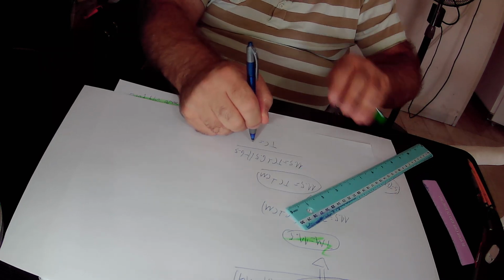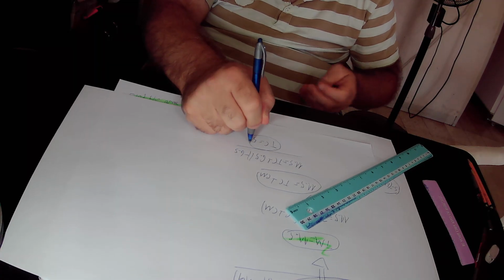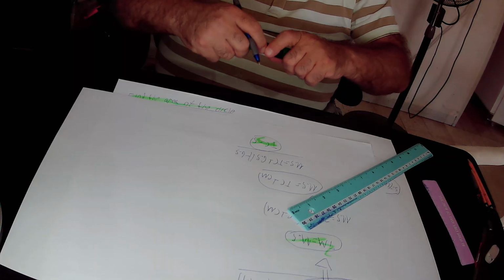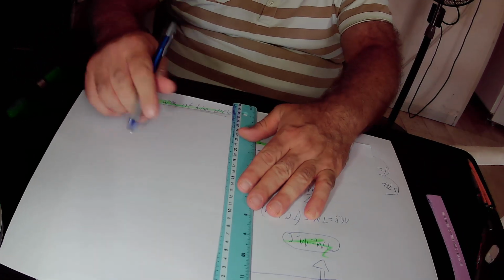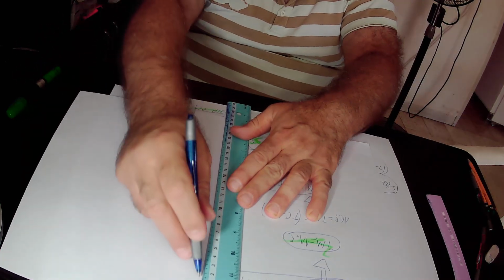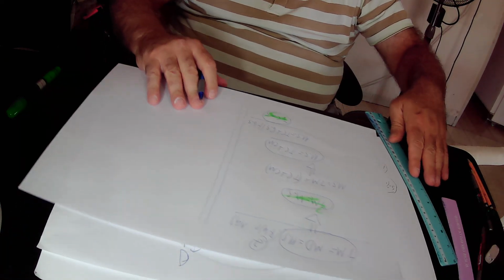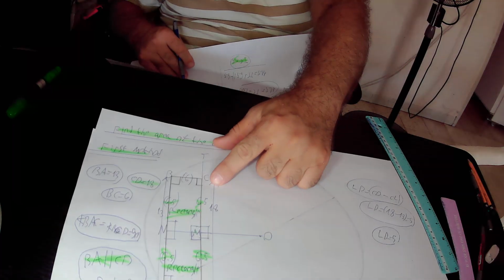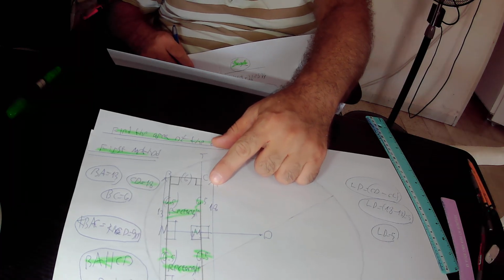So TC equals 5 units in its length. This is the short line segment TC that equals 5 units in its length.